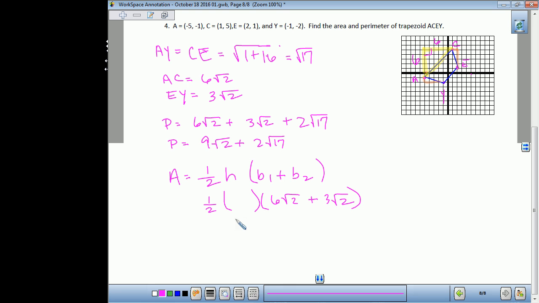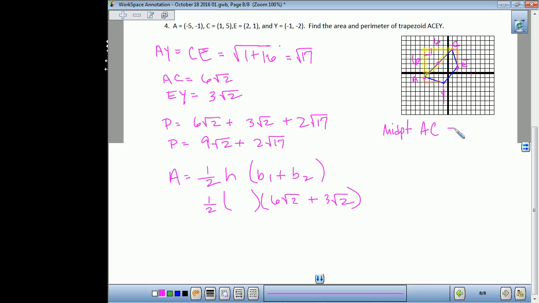Ideas? Find the midpoint of EY and A and C, and then connect it. I like it. Find the midpoint of both sides. Very good. So add them up, divide by 2. It looks like the midpoint of AC was pretty easy to do.